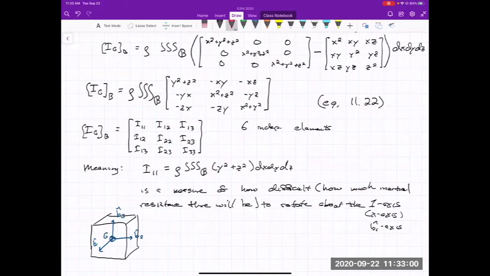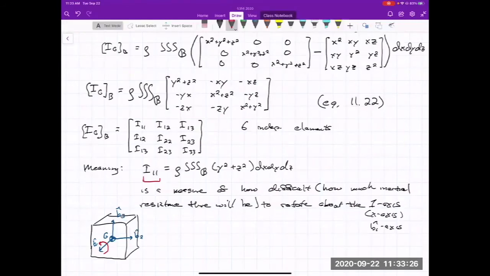So we're talking about rotation about the B1 axis. I11 is a measure of how much inertial resistance there is to rotate this body about the B1 axis. It's a rotational version of mass. The mass of something is a measure of its inertial resistance to translational motion.